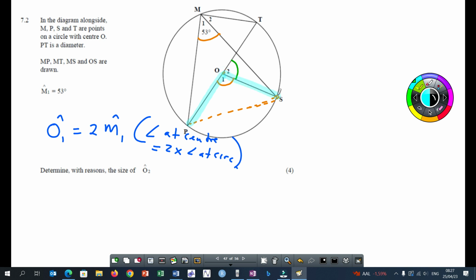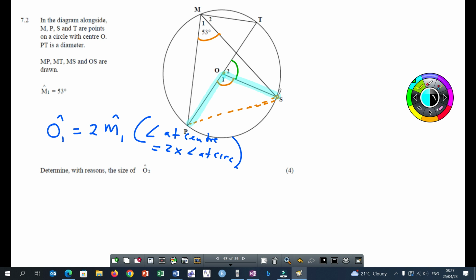Those two lines originate from chord PS. In geometry we say PS subtends, which means it's like the anchor of this angle. Without PS, the chord or the arc, angle O1 cannot exist.